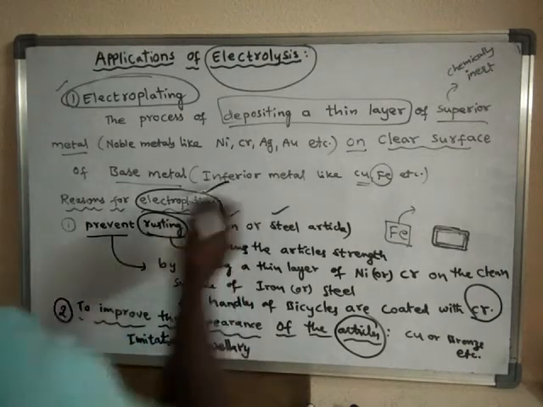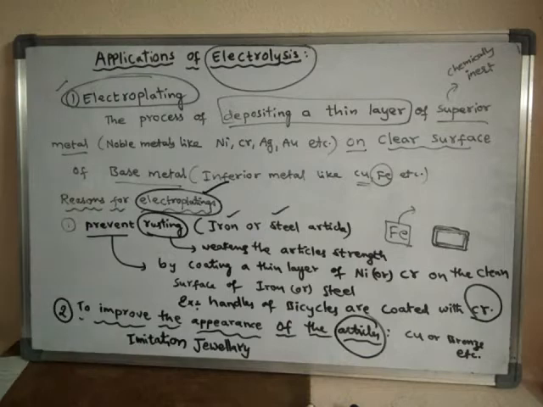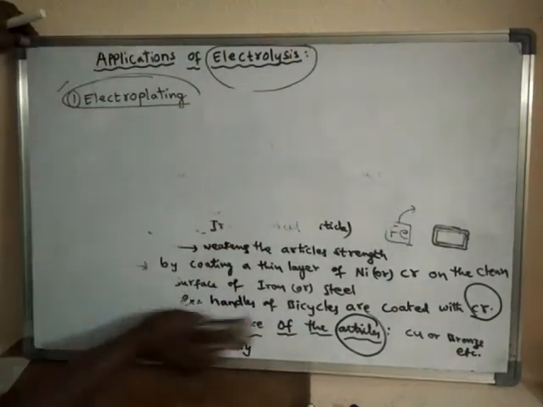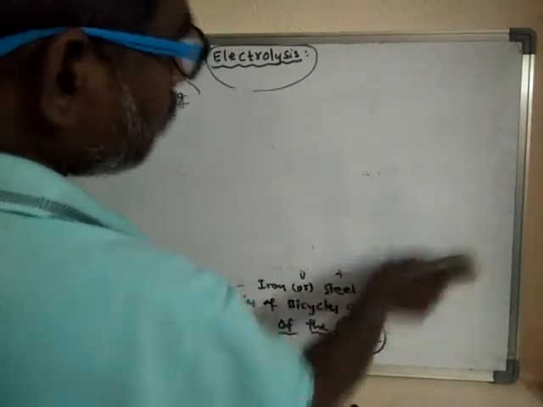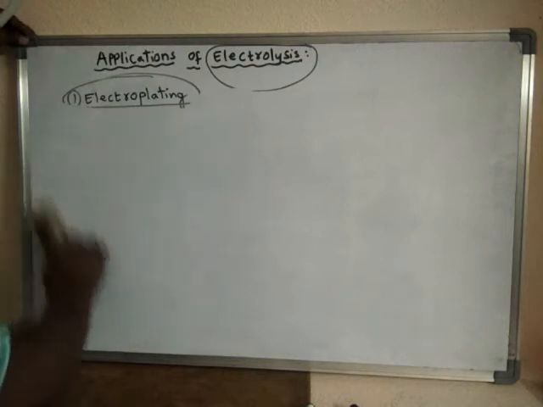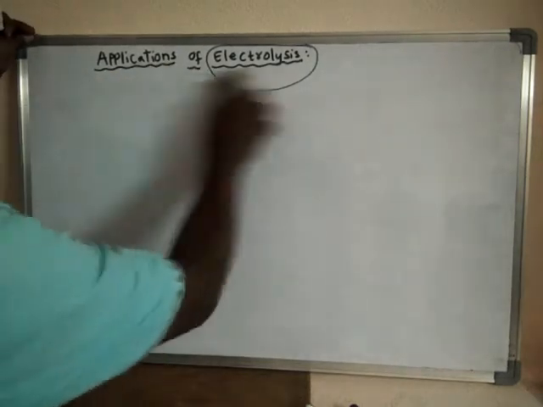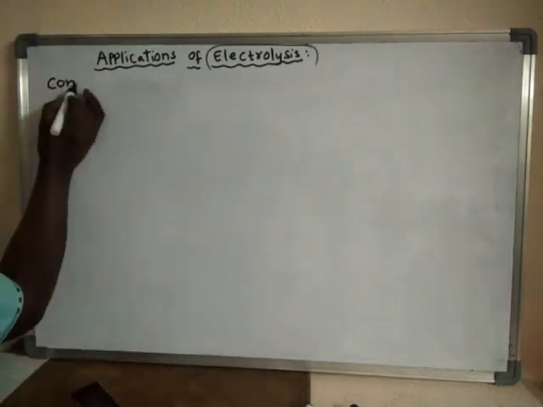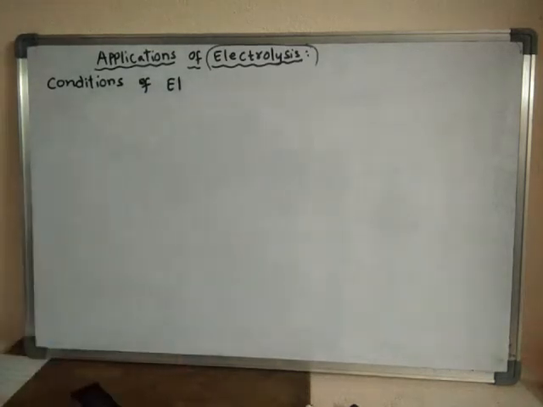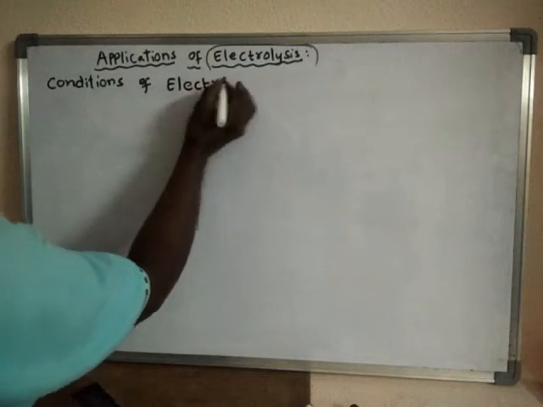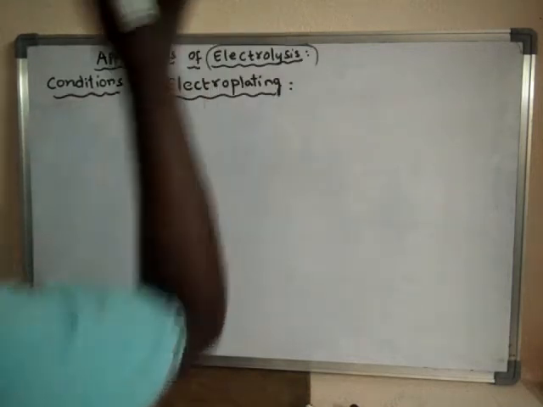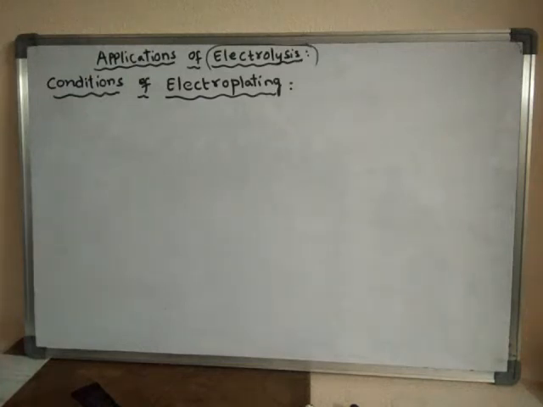So now we will learn about the conditions. What are the necessary conditions for the process of electroplating?